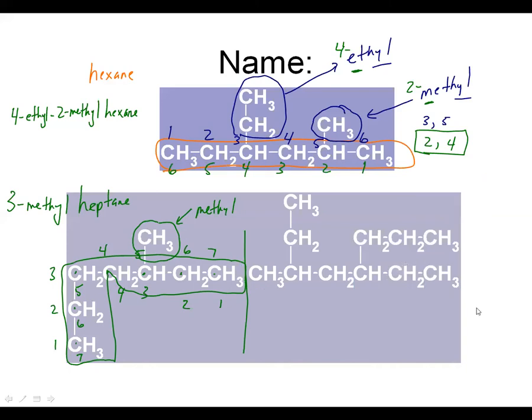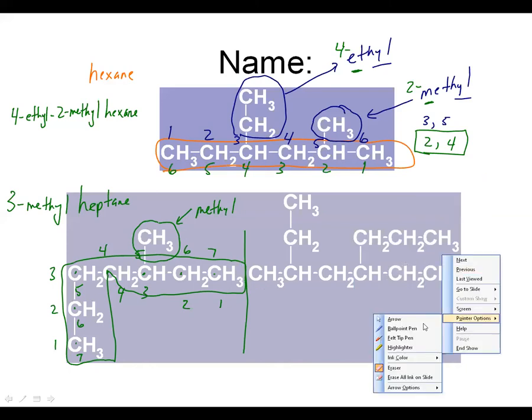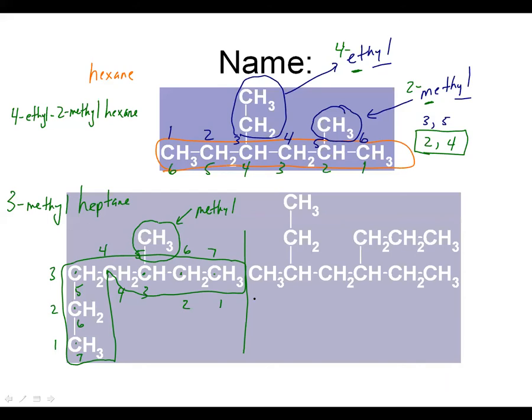If we go straight across and then detour up, like so, that is 1, 2, 3, 4, 5, 6, 7 carbons. So you may say to yourself, that looks good, that's more.